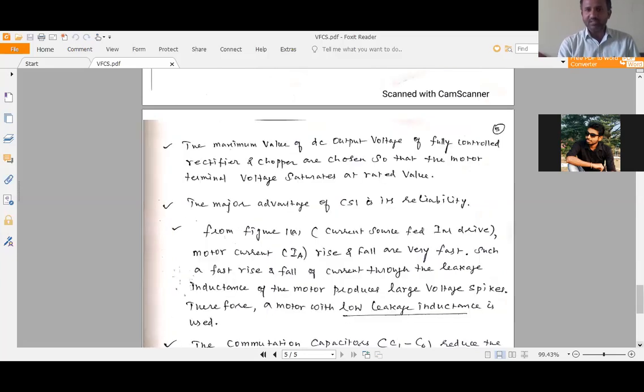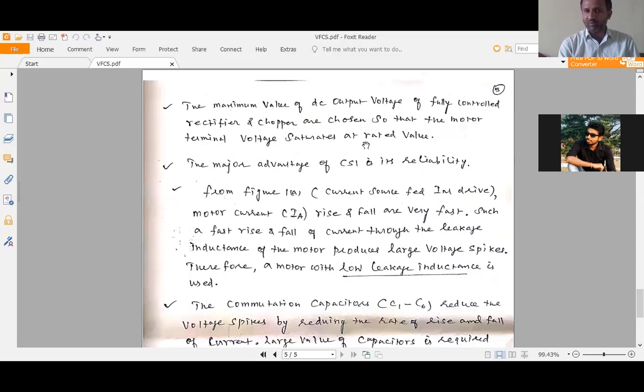The current source inverter converts this voltage source into a current source. The major advantage of using this current source inverter is its reliability.